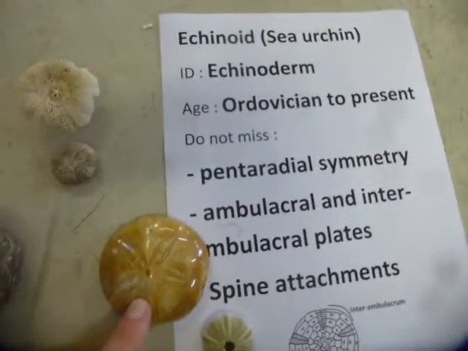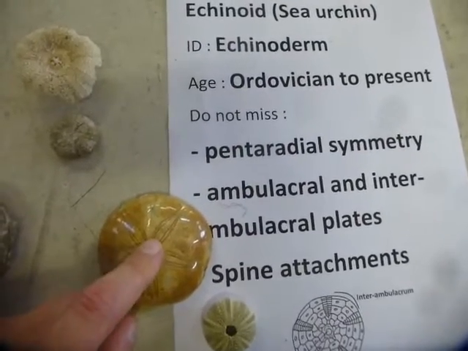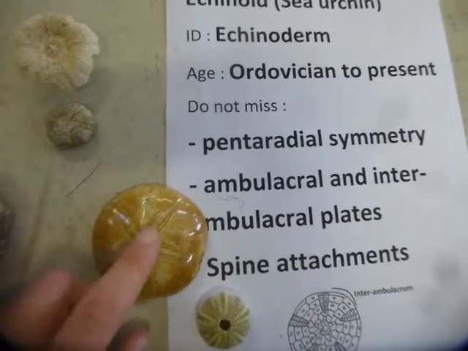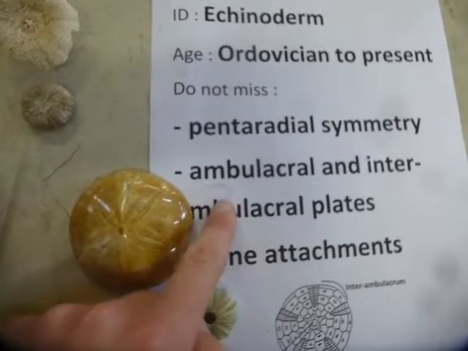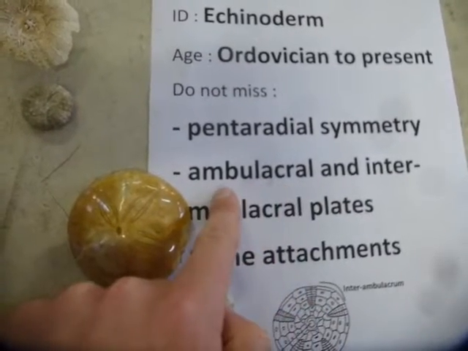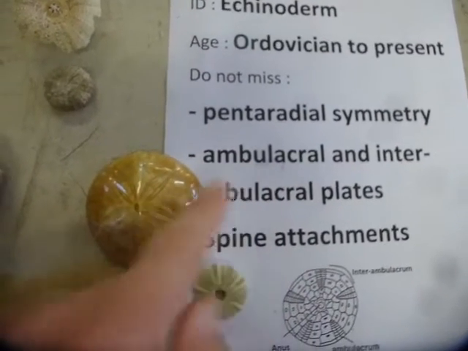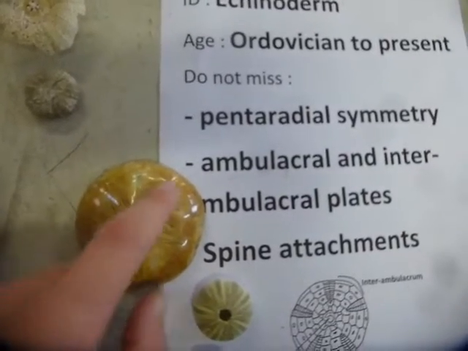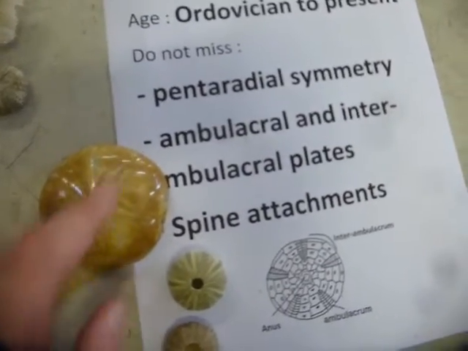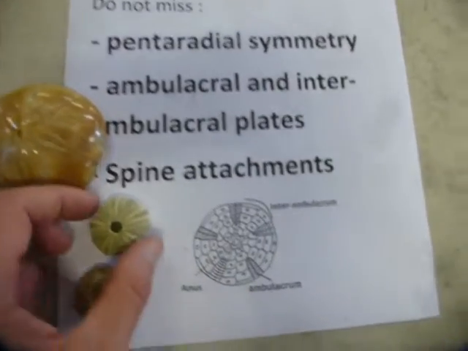Echinoids, sea urchins, have tiny feet, tiny tentacles, and these tentacles will come out of the ambulacral area. Ambulacral is like an ambulance. It means moving fast. So they can move, not so fast, but they can move through the little limbs that come out of their ambulacral zone.